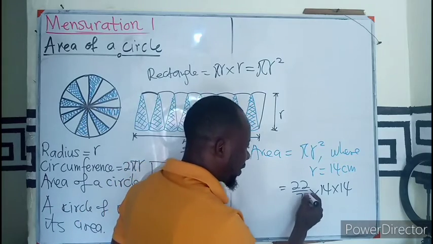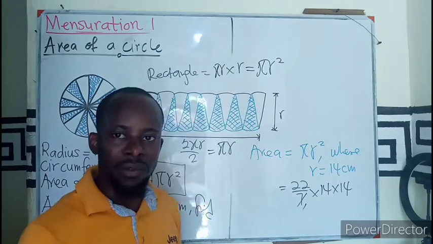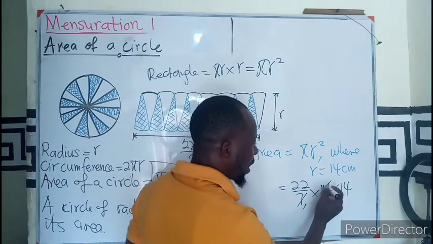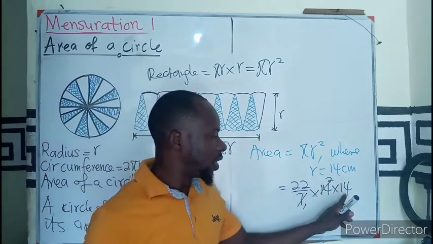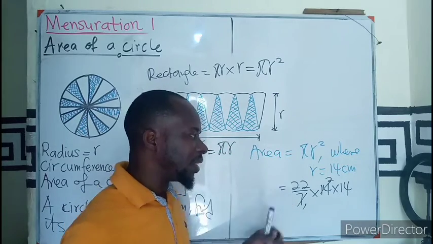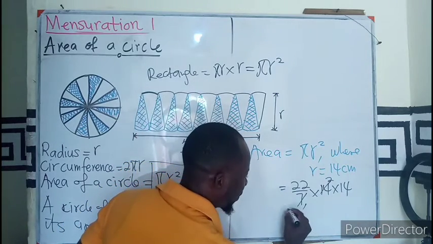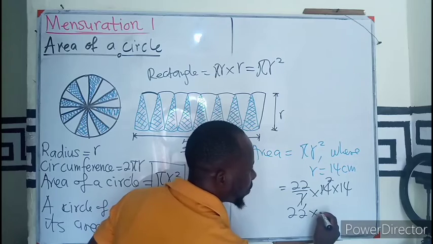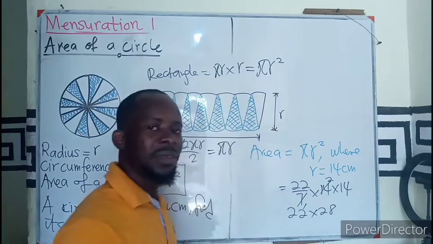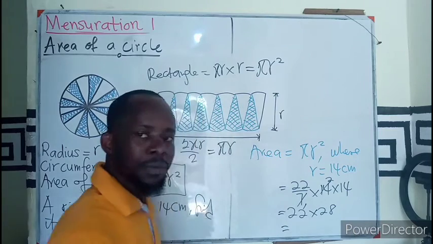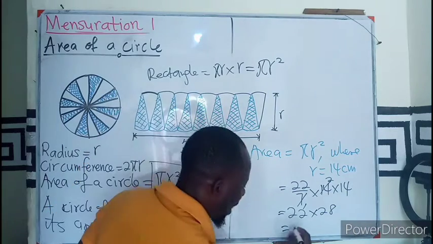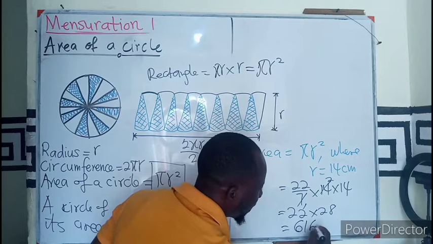So we know in this case 7 will go into itself 1 and goes here 2 times. Then the 2 will multiply this, so it could be 22 times 28. Then when we multiply this together, we have our 616.